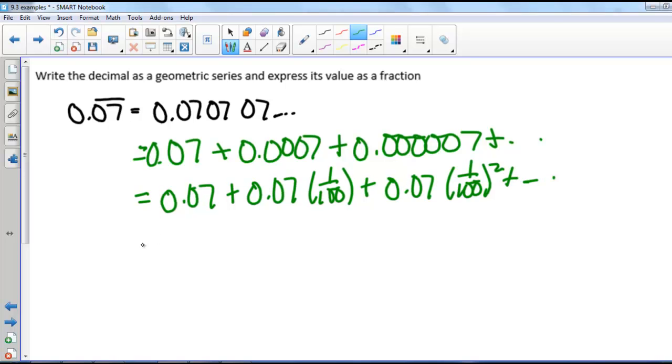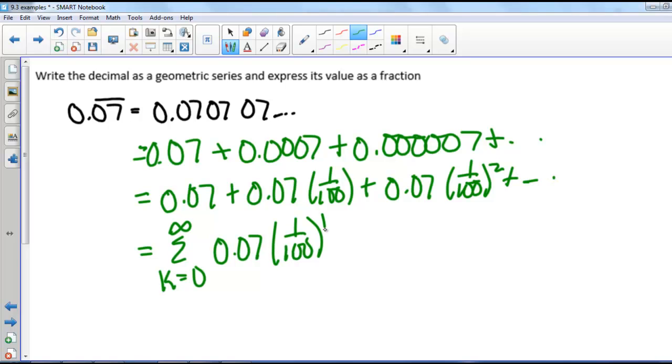So we can write this as the series from k equals 0 to infinity of 0.07 times 1 over 100 to the k.